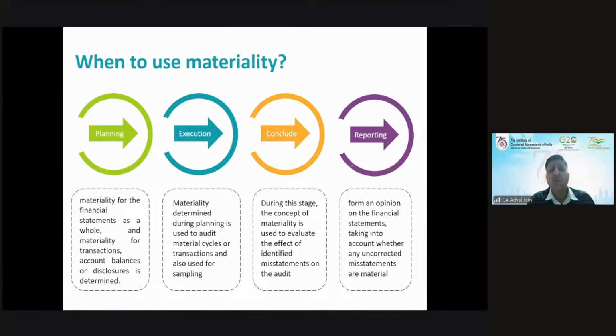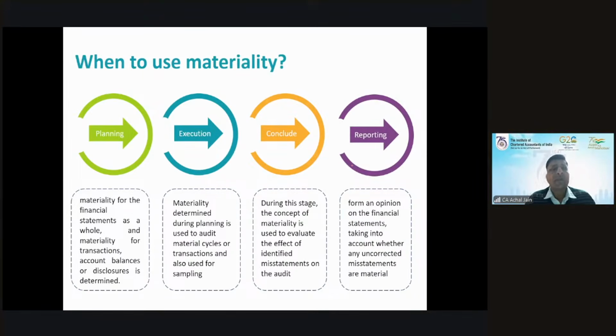Because this entire audit has to be done on the basis of what is significant and what is not so significant. That's the approach we have been talking about, isn't it? Now, how do you determine what is significant? What is material is what will help you in deciding what is significant or not so significant. So this aspect becomes important for the auditor to consider, right?